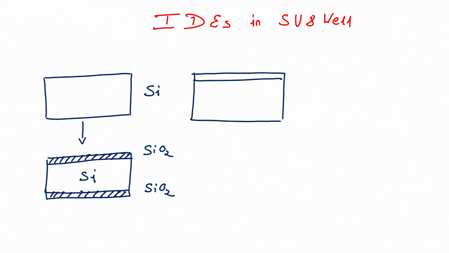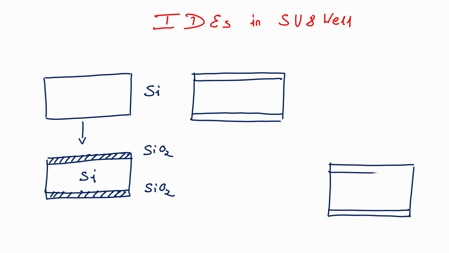What we want? We want interdigitated electrodes inside SU8 well, right, inside SU8 well.